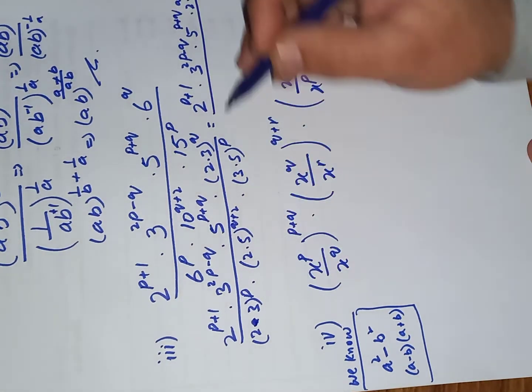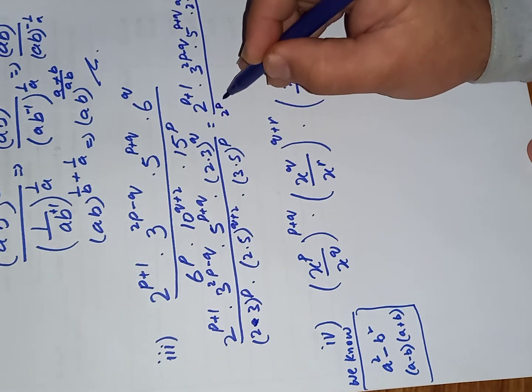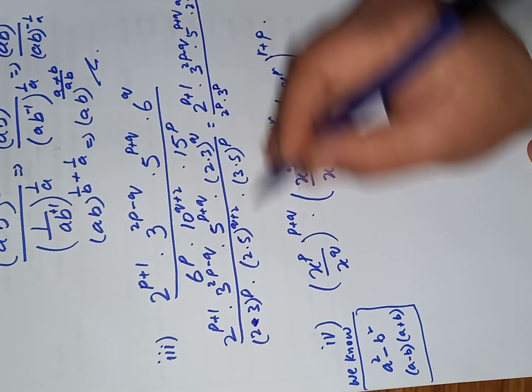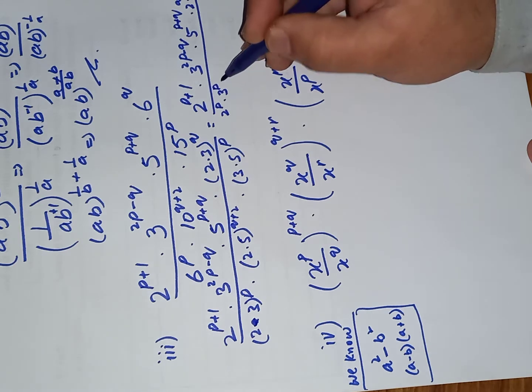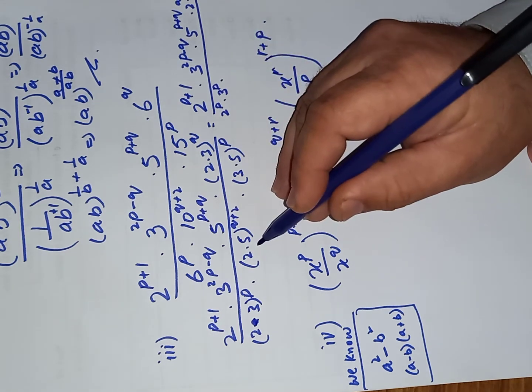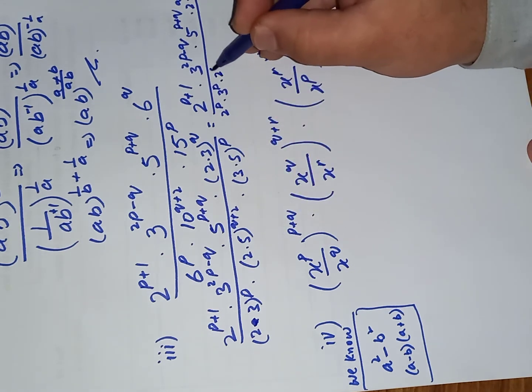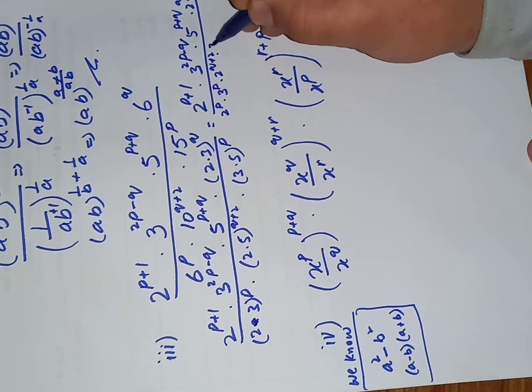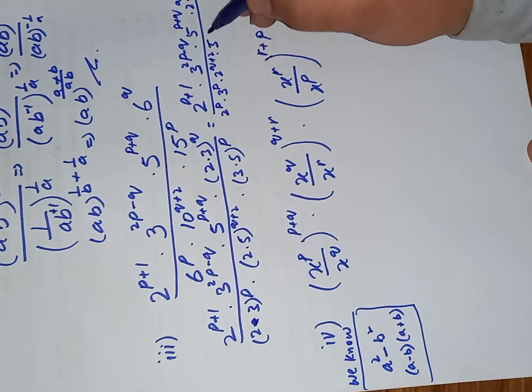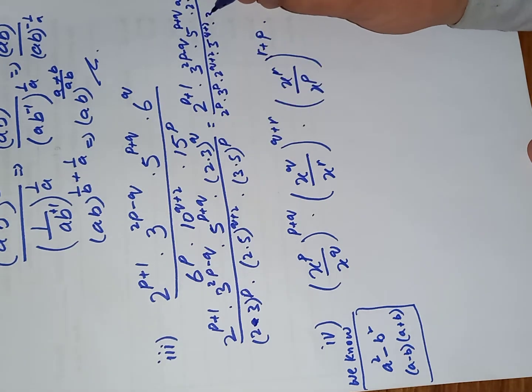Here in the denominator 2 to the power p and 3 to the power p separately, with 2 to the power q plus 2 and 5 to the power q plus 2, then 3 to the power p and 5 also having power p.